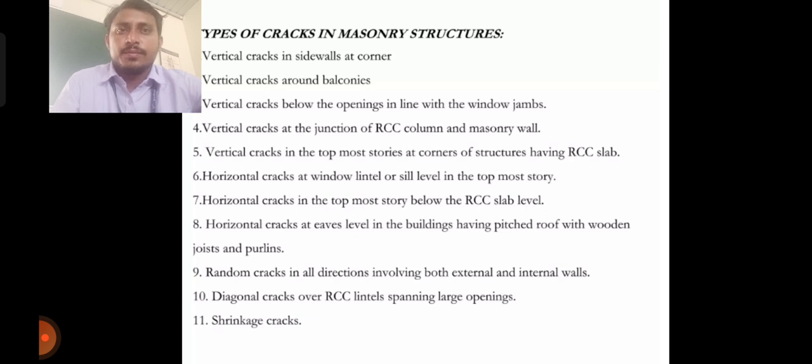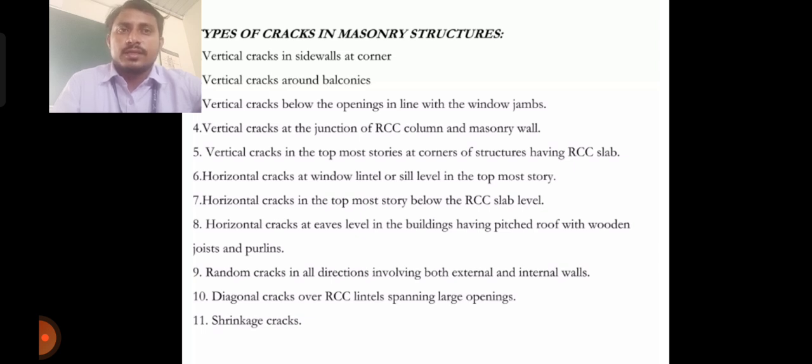Vertical cracks appear in side walls at corners. In the corners or side walls of a building structure, vertical cracks develop. Vertical cracks also occur around balconies, below the opening end line and the window jambs, and at the junctions of RCC columns and masonry walls.